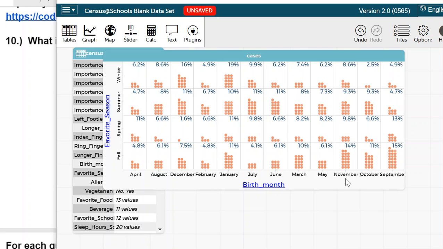But now when we start talking about winter, I'm noticing that it's either the fall or the summer, because there doesn't seem to be a lot of response in spring, and there doesn't seem to be a lot of response in winter. So I think it's safe to say that fall and summer are more popular.